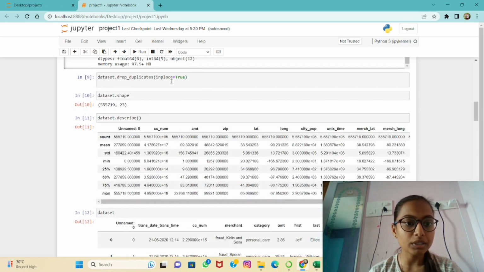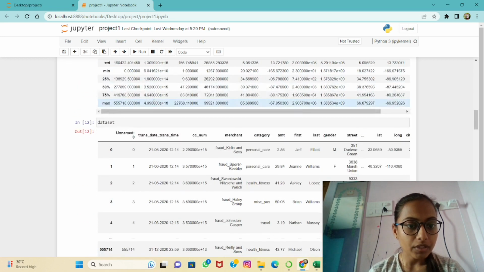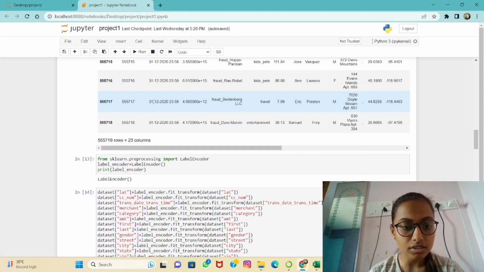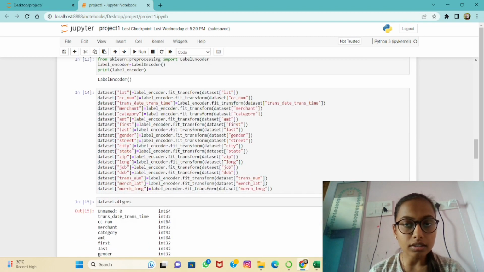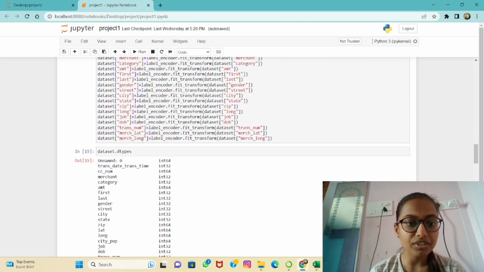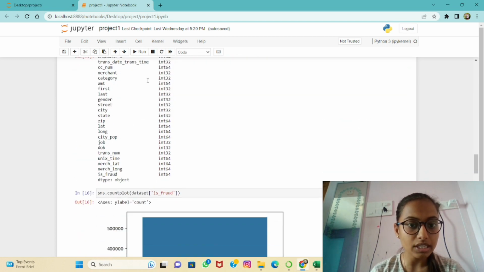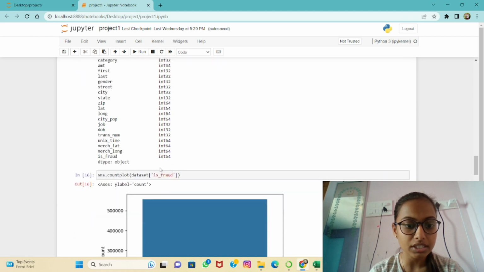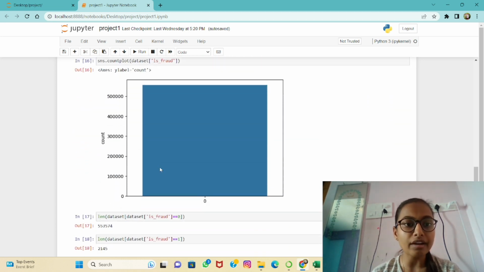I have checked what columns are there and the types of our columns. I have dropped duplicates and I have described the data. I have done label encoding so that the float and other values can be converted into int. Here we can see the dtypes have been converted into integer. Now I have plotted a graph.